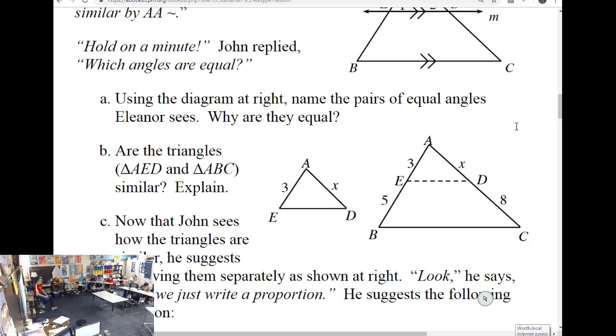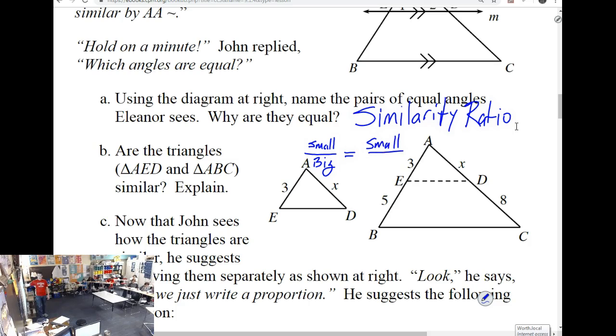Similar triangles create what we call a similarity ratio. All that really means is if I say, and please write this down, similarity ratio: if I relate small to big, that is equal to any other relation of small to big.